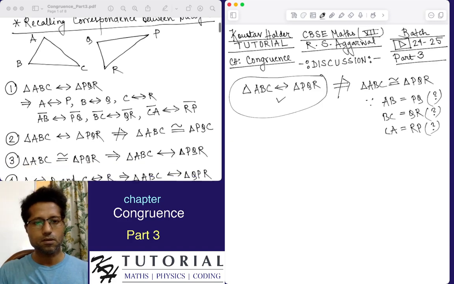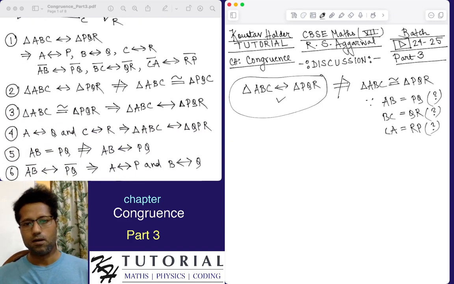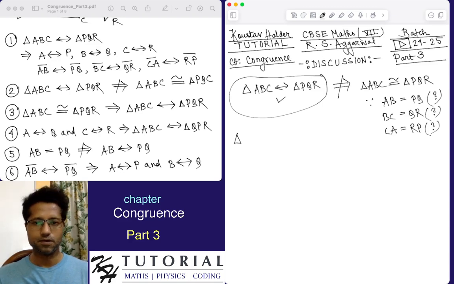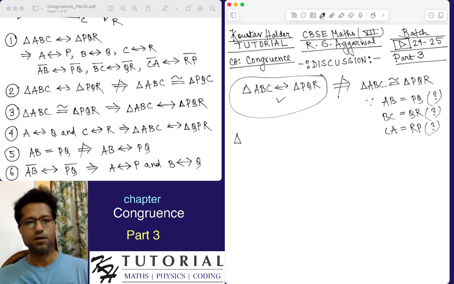Okay. Point number 3. On the other hand, if it is said that two triangles are congruent, let's say on the discussion part, I will take some other examples. I will not follow exactly what I've written in the notes.